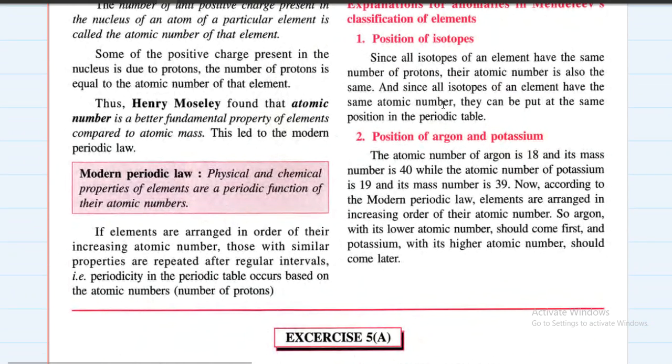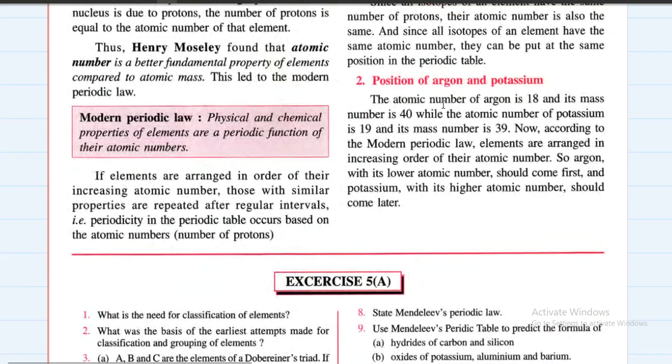Some of the positive charge present in the nucleus is due to protons. The number of protons is equal to the atomic number of that element. Thus, Henry Moseley found that atomic number is a better fundamental property of elements compared to atomic mass. This led to the modern periodic law. So the modern periodic law states that physical and chemical properties of elements are periodic functions of their atomic numbers, not atomic masses.